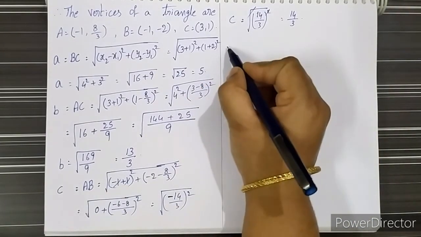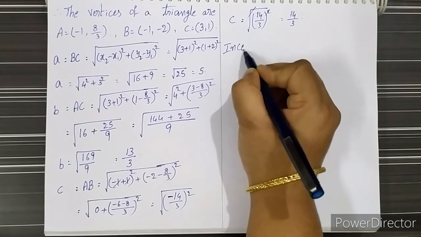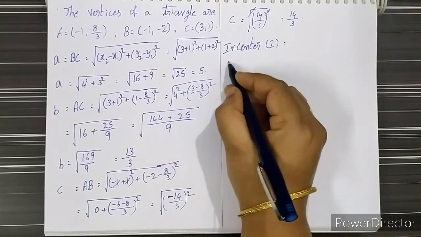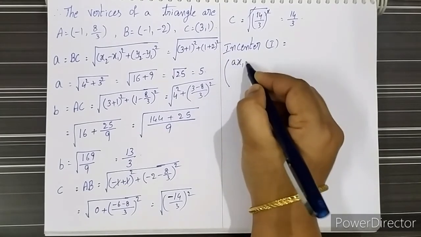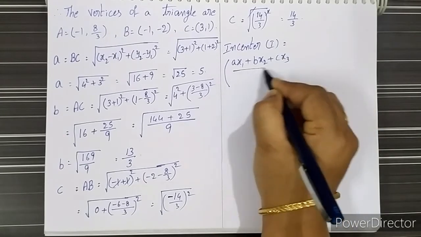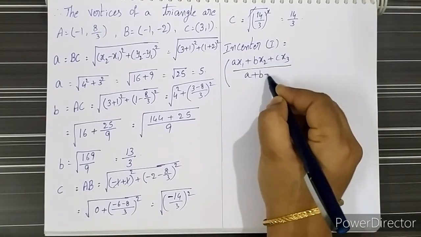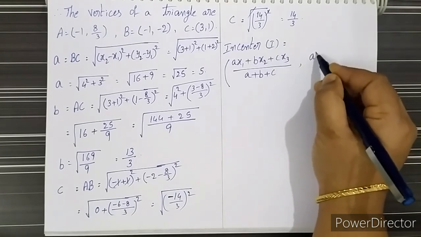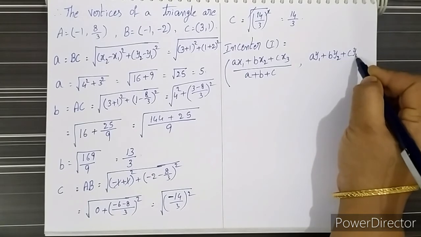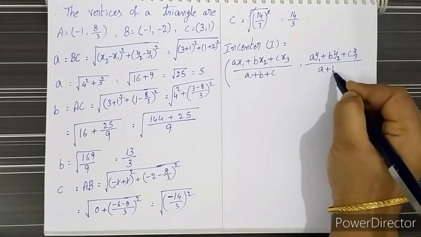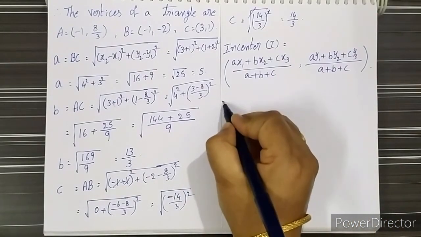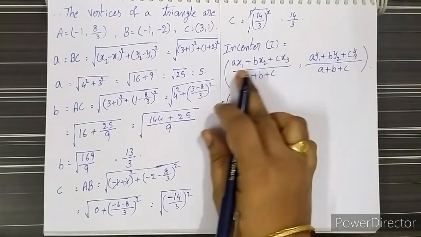Then next we have to find out the incenter. Incenter, capital I, equal to, the formula is (a x1 plus b x2 plus c x3) by (a plus b plus c), comma, (a y1 plus b y2 plus c y3) by (a plus b plus c). This is the formula of the incenter. Here substitute all the values.